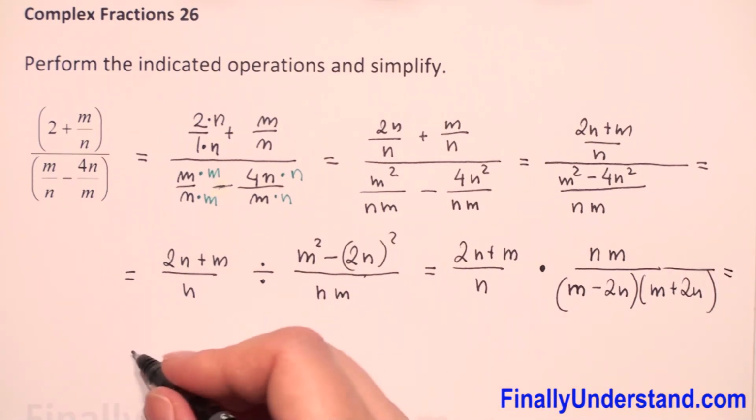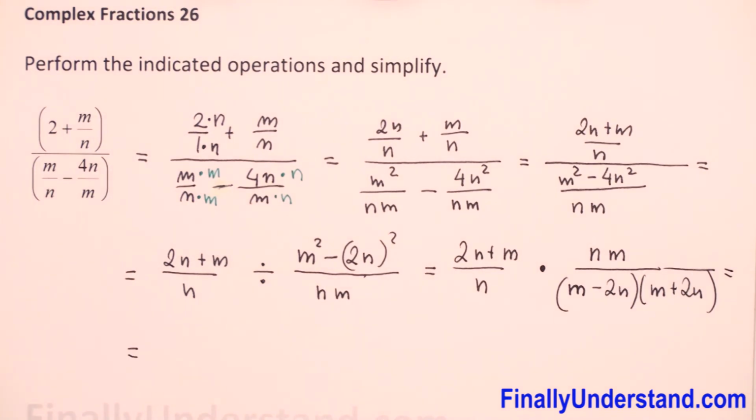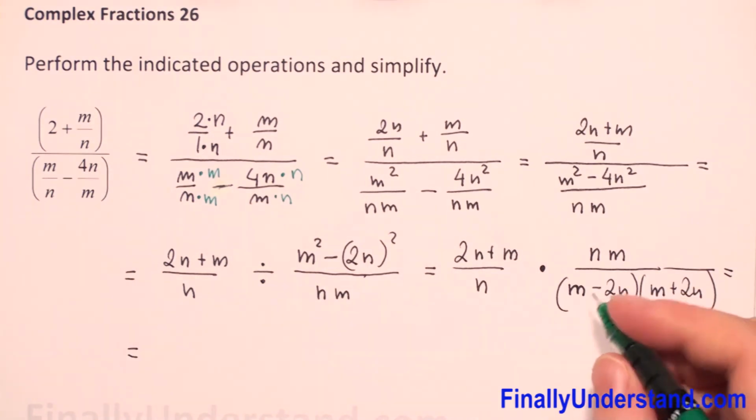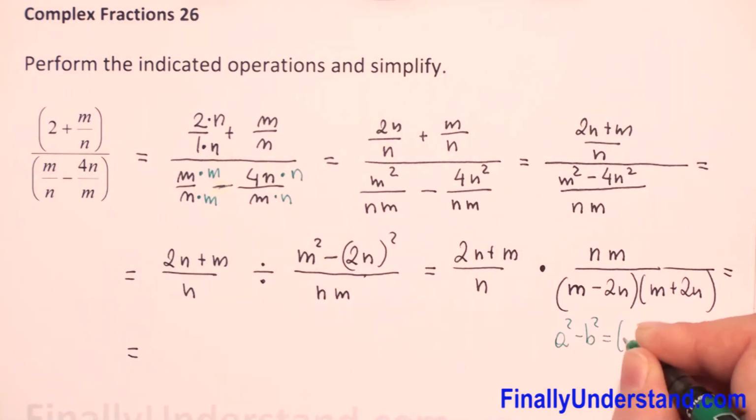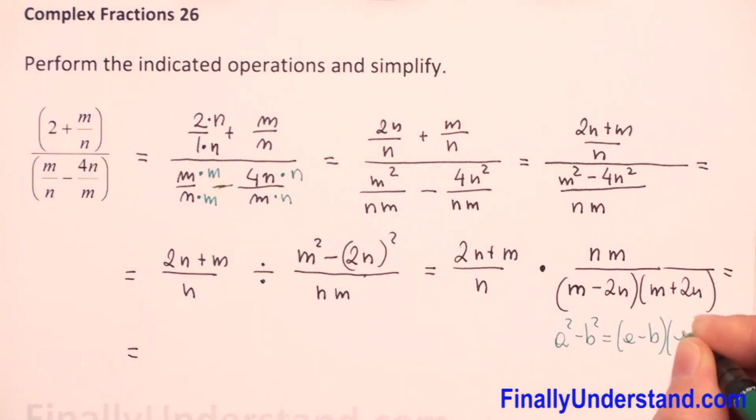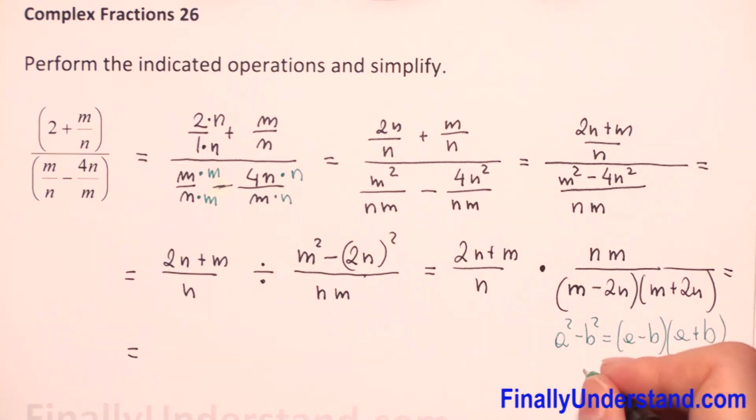This is equal. I just use the formula: when we have a squared minus b squared, this is equal to a minus b times a plus b. In our example, a is equal to m and b is equal to 2n.